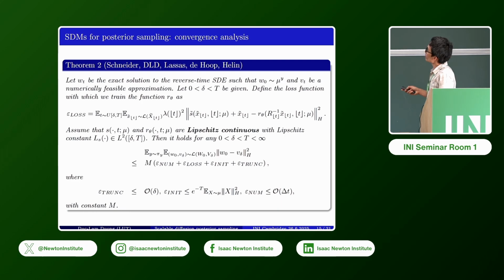For example, this truncation term arises when you have to stop early, just before 0.